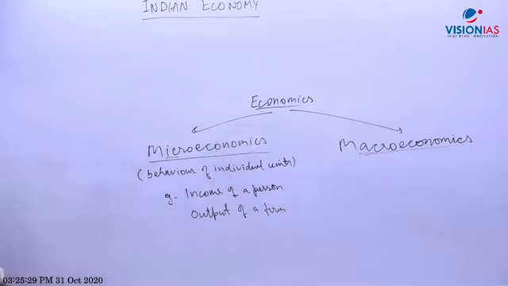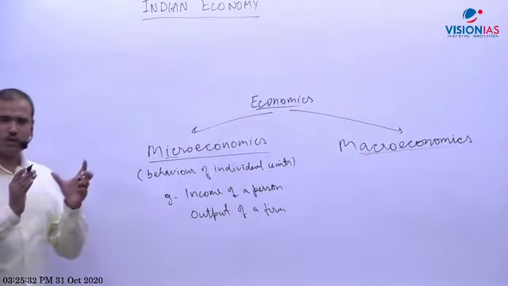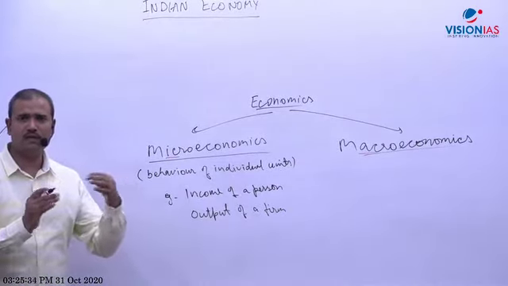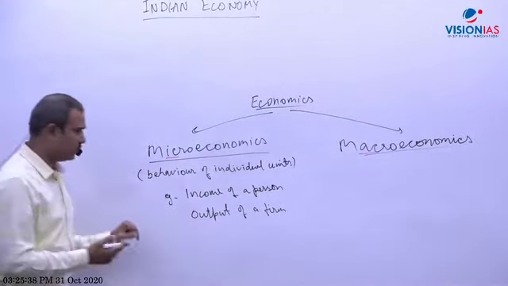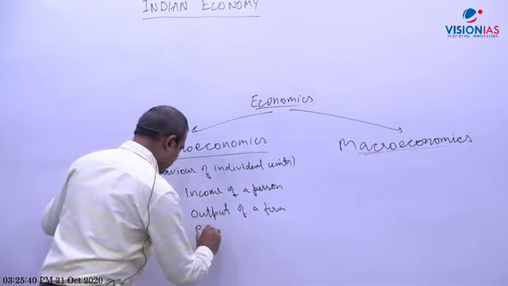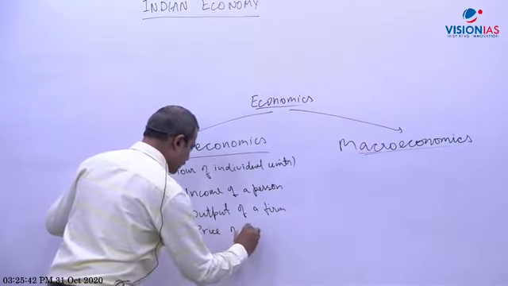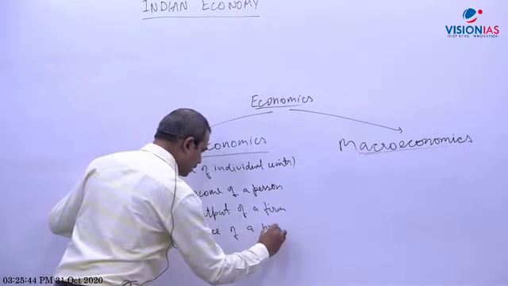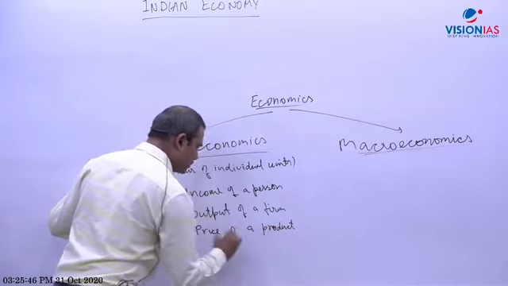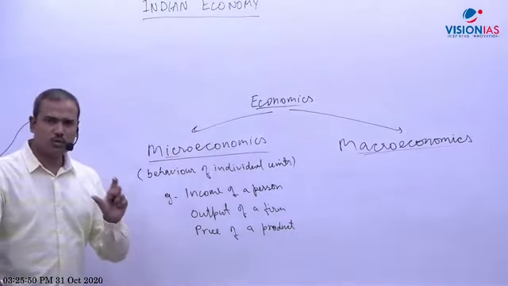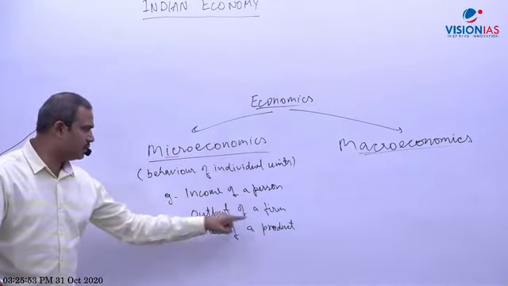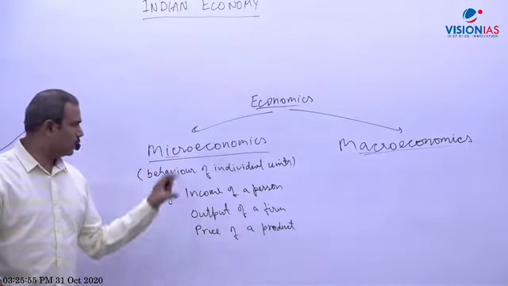Output of a firm means how much output the firm should produce to maximize profit. The firm's objective is to make profit, so how much output will give maximum profit. Another is price of a product, how the firm should fix the price, etc. You can see here one unit is studied: a person, a firm, a product. So this is micro.